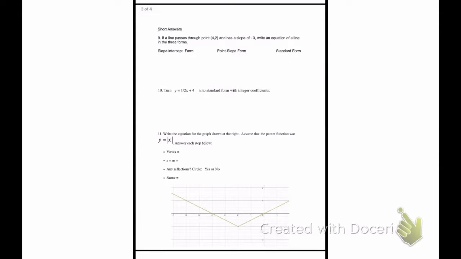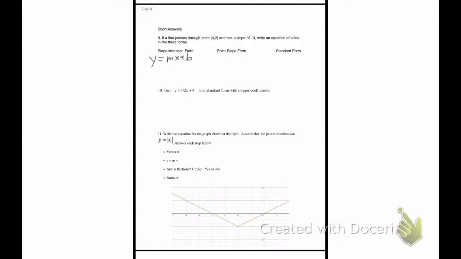Okay, now for our short answer portion of the test. If a line passes through point (4, 2) and has a slope of negative 3, write an equation of the line in the 3 forms. Well, the first thing I would do is to write the equations in all 3 forms. Slope-intercept form says y equals mx plus b.